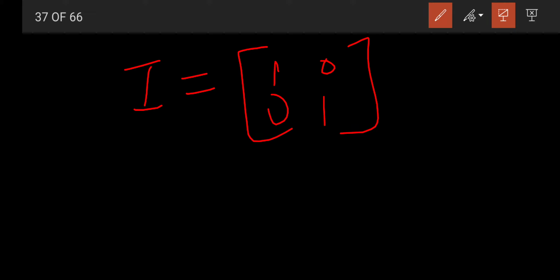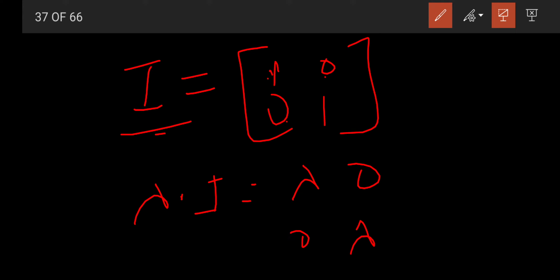So the value of the identity matrix is 1 0 0 1. Now multiplying it with lambda: λI equals lambda into 1 is lambda, lambda into 0 is 0, lambda into 0 is 0 again, lambda into 1 is lambda again. So this is the product.